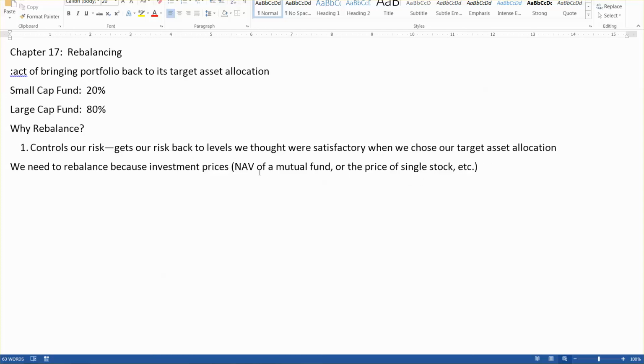So we need to rebalance because investment prices are constantly changing. As soon as they change from our original price, that's going to impact the weight they have in our portfolio. So our portfolio is only in balance for essentially one instant.